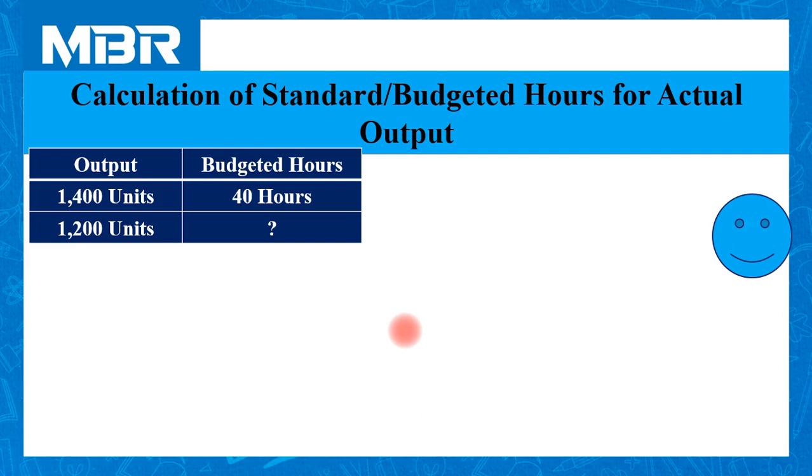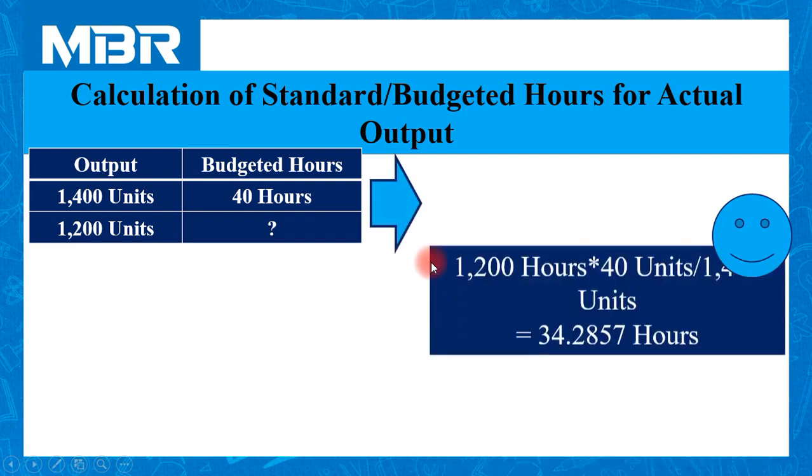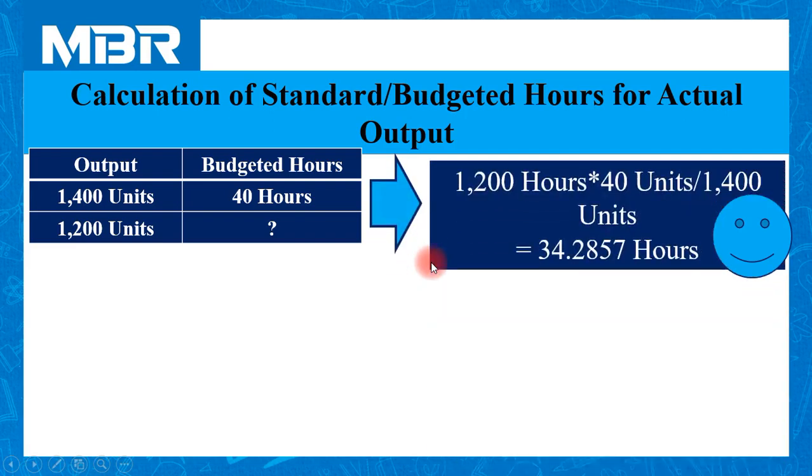Information of actual output is given in the question, and it is 1200 units. So for 1200 units, how much? It is simply a cross multiplication, and the result is 34.2857 hours.